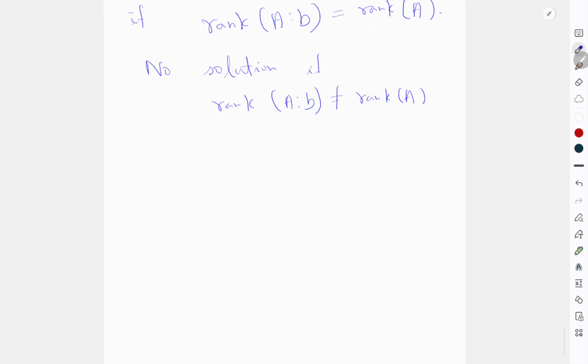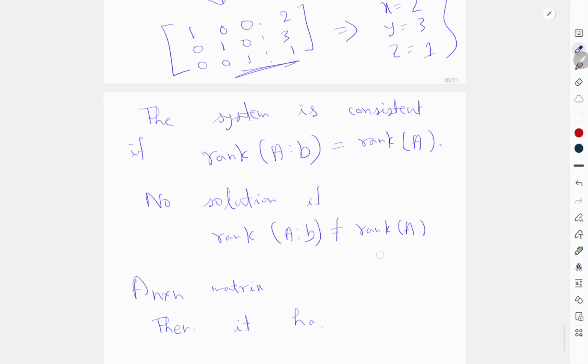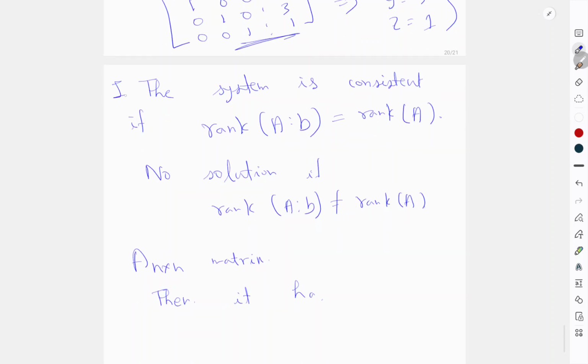Now I am considering the case, suppose A is an n cross n matrix. Then you can say this is your case 1, this is your case 2.